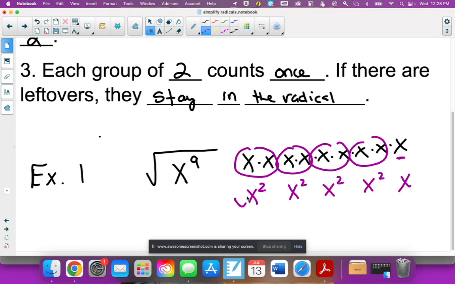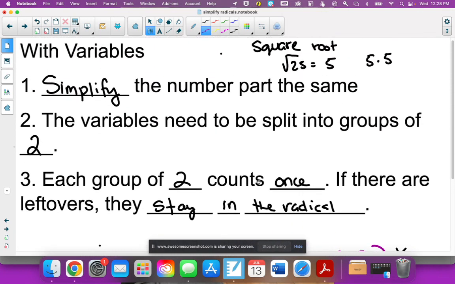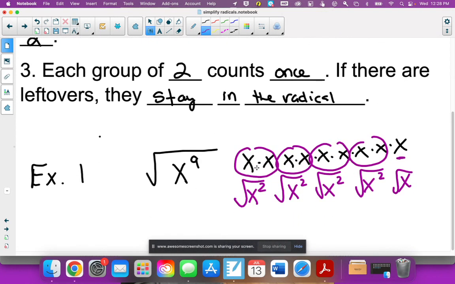That's your pairs, right? If you take the square root of something that has been multiplied, it's a perfect square basically, you have multiplied it by itself to get it. It's the same reason why the square root of 25 is 5. The square root of x squared is x. So it counts once as one pair of x's.